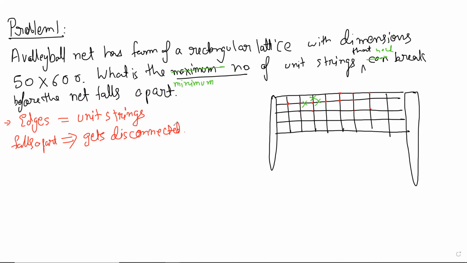The net falls apart means it gets disconnected. But what would falling apart really mean? If we don't think about it graph theoretically and just think about this physically, then what would falling apart mean?